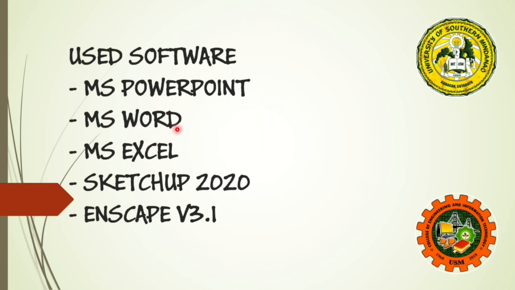MS Word for some of the words na di ko po mahanap yung symbol sa Excel and sa PowerPoint na nakita ko po sa Word, ginamit po natin. MS Excel for the calculation. SketchUp 2020 po for the drawings, for the figures. And Enscape version 3.1 naman po para sa rendering ng SketchUp natin para mas magmukhang animated po yung ating drawings.